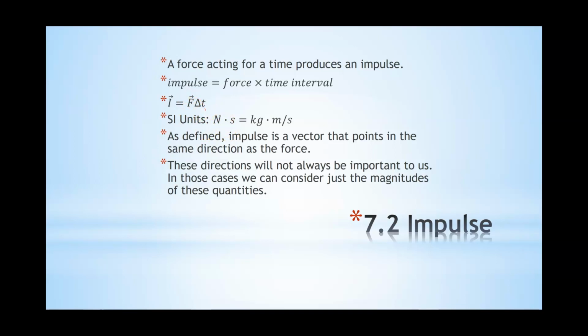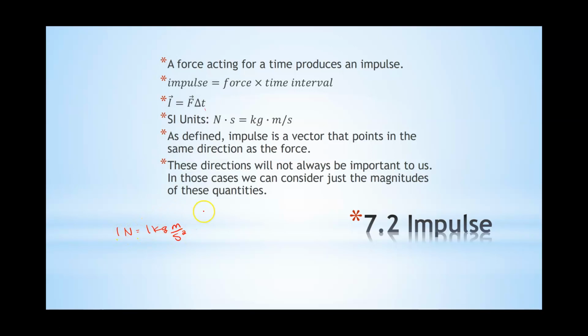Again, this doesn't boil down to a new unit. However, this is also equivalent to the unit we talked about last section, a kilogram meters per second. Let's go ahead and look at that. 1 newton is equal to 1 kilogram times meters per second squared, mass times acceleration. Now we're taking newtons and multiplying it by seconds.